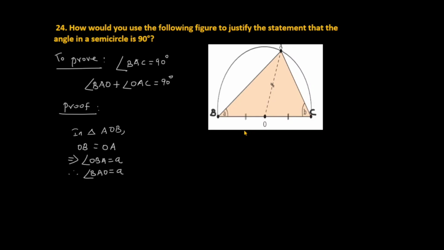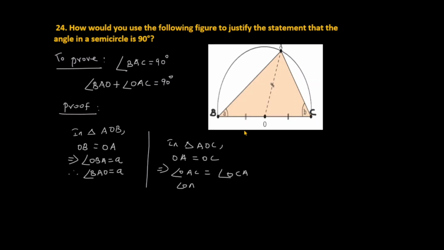Therefore, angle BAO is also A. The next triangle, in triangle AOC, OA is equal to OC. Two sides are equal, which implies opposite angles are also equal. That is, angle OAC is equal to angle OCA.